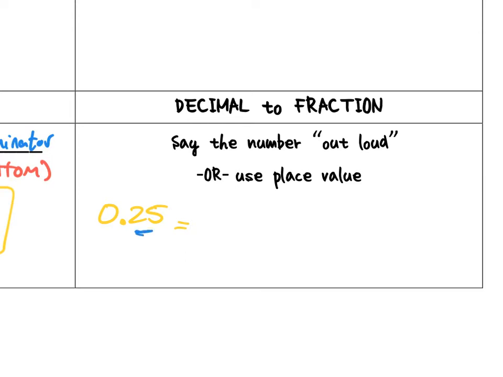So for example here, what is the number that you see? Yeah, the number is 25. So you know you're going to use 25 divided by, now, here's the fun part. How many decimal places are there? 2, because there's a 2 and a 5. So we divide it by, there's got to be a 1 with it, and then 2 zeros, so you divide it by 100.